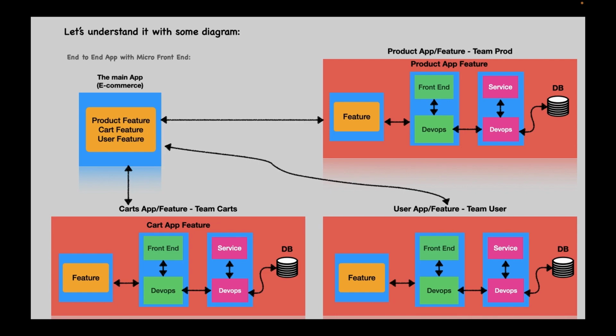The front end and its service, let's say the product and its service, is disjoint from the other services, and they are deployed and created with a separate team, separate architecture, separate technology, and so on. So this is the main feature of a micro front-end application.